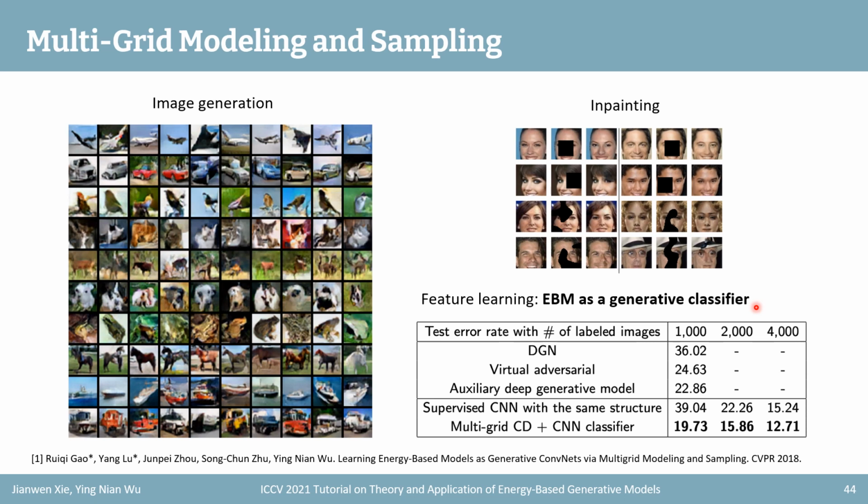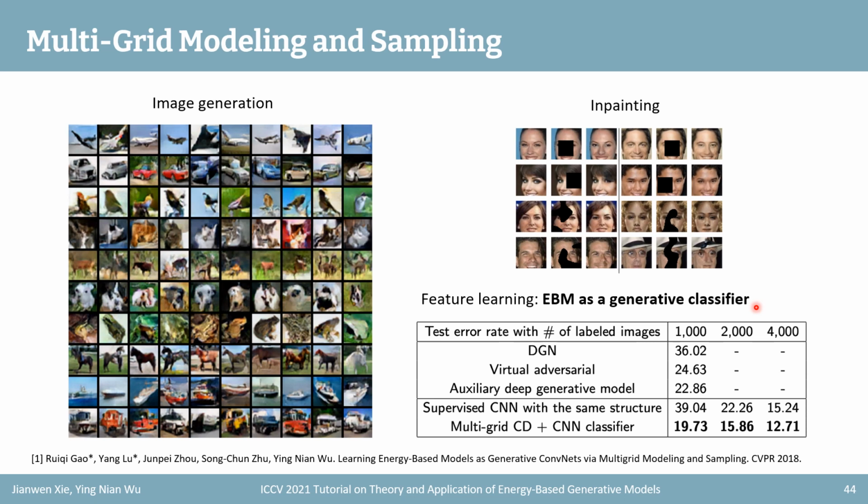And the last example is a numerical example where we show that this method can be used for semi-supervised learning. As we discussed in the first part, the energy-based model can be considered a generative classifier. However, we can learn the bottom-up network from unlabeled data. After learning this energy function, we can then use the top few layers as features.